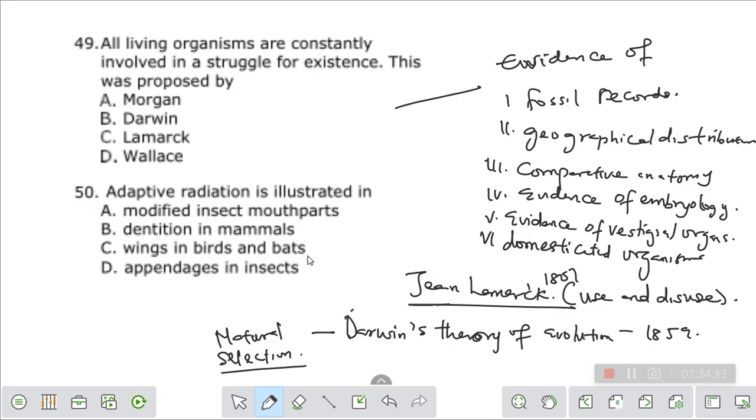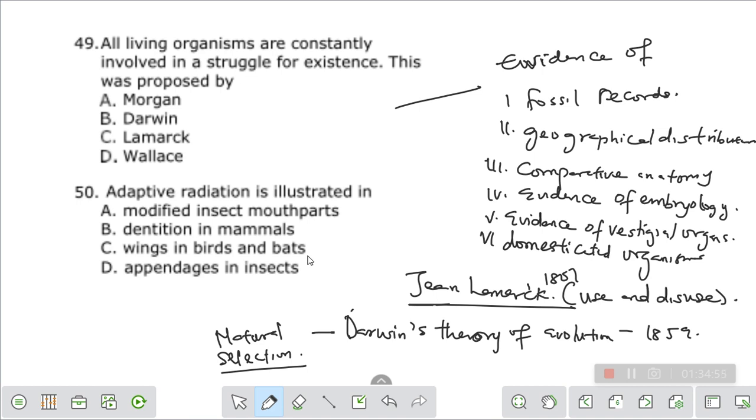The people that survive are going to pass their good traits to their offspring, right? So that is actually Darwin's postulates.